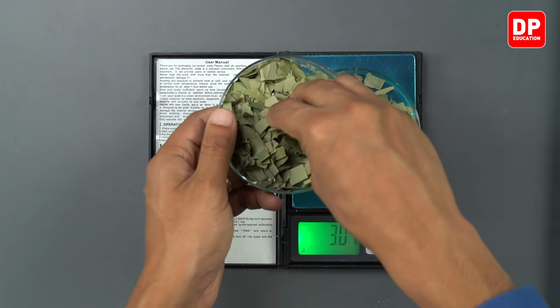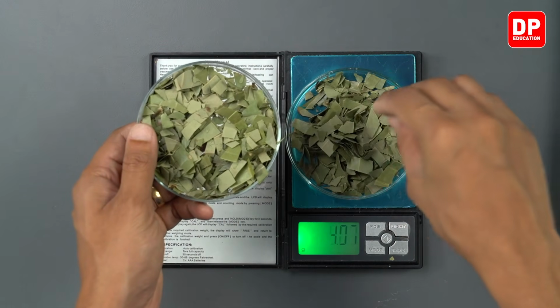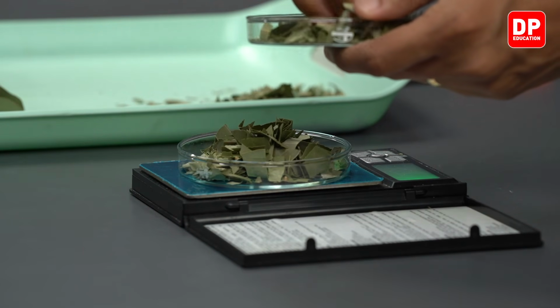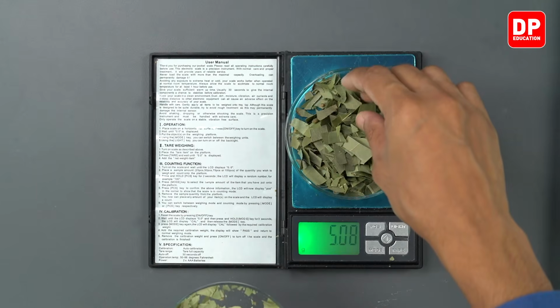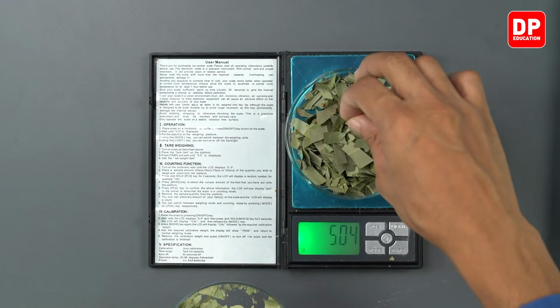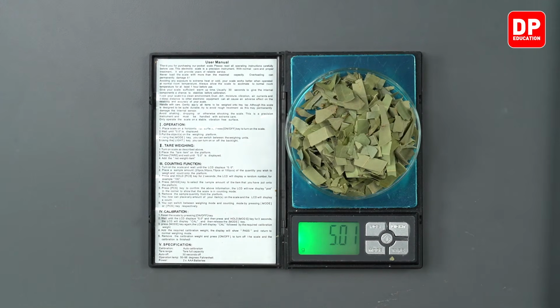We need to measure 5 grams of cinnamon leaves. Now we have measured exactly 5 grams of cinnamon leaves.